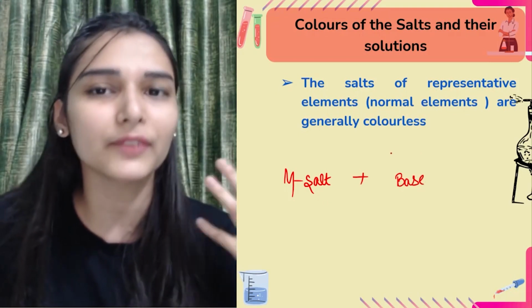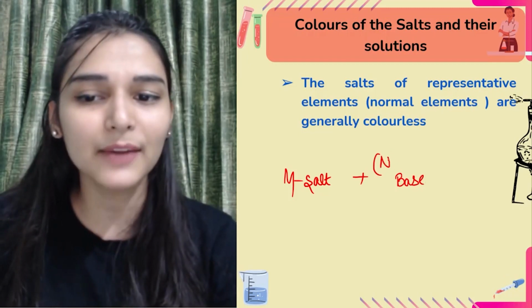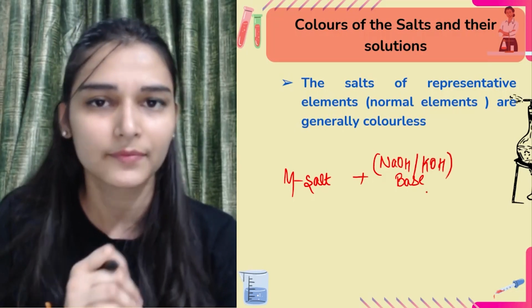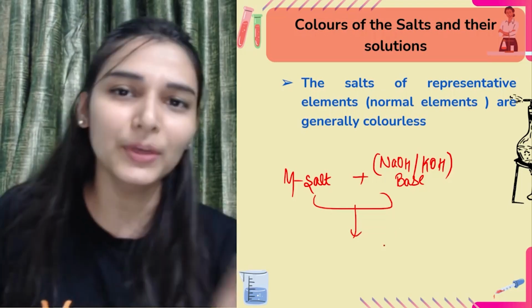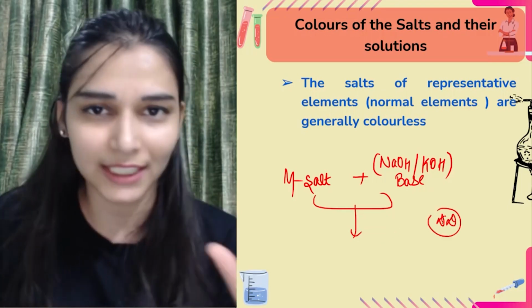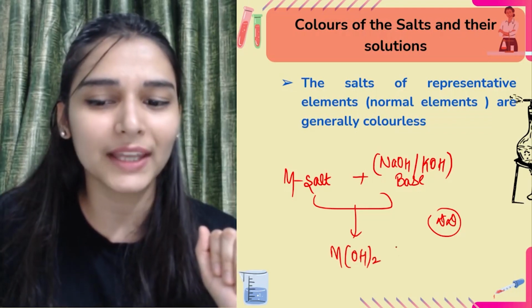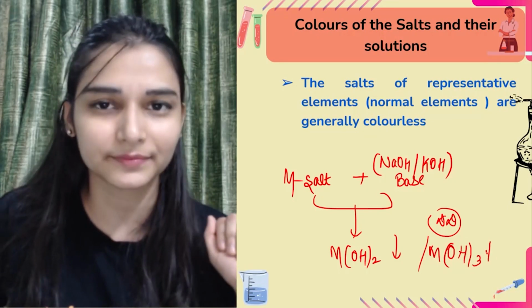What we would be doing? We would be treating this given metal salt with the respective base, and that base in your syllabus is sodium hydroxide or potassium hydroxide. Now when you are treating metal salt with the base, there would be a simple double displacement reaction taking place, exchange of ions, and you will get one metal hydroxide as the precipitate.